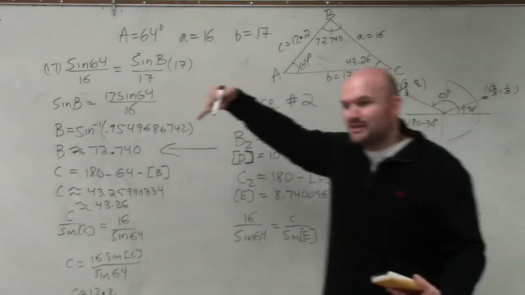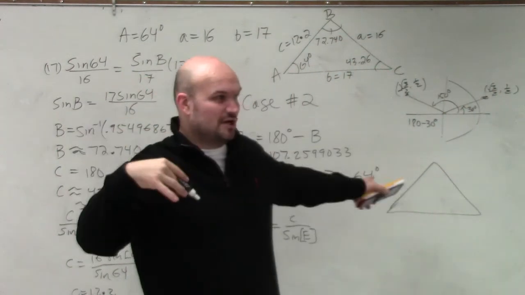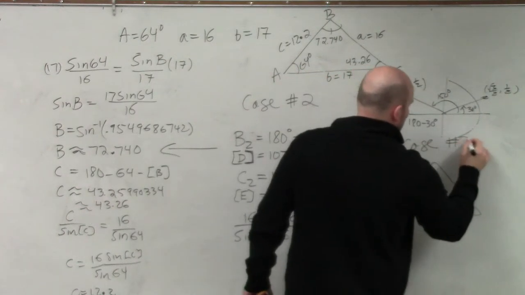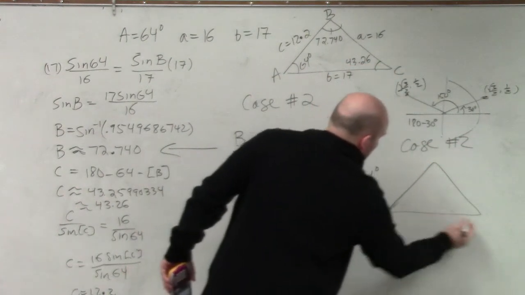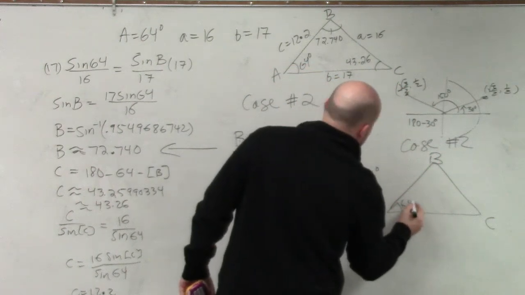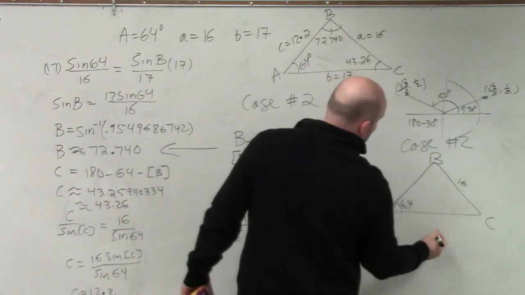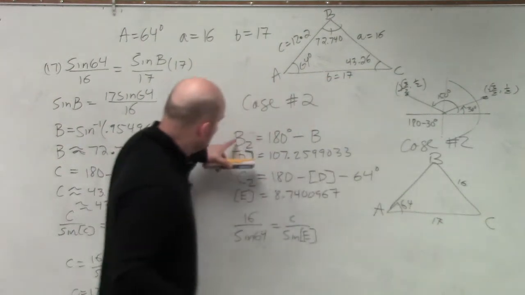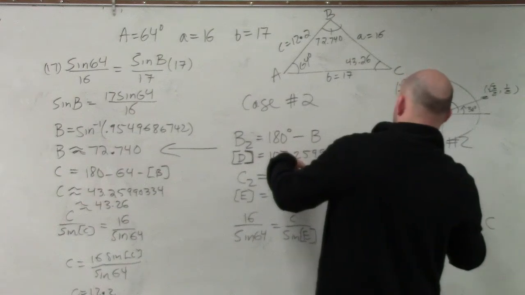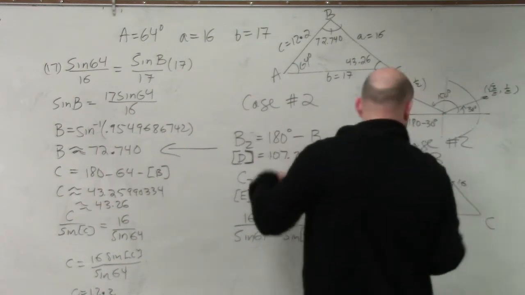What I would recommend doing is filling in the answers into another triangle. So let's call this case number 2. We know A, C, and B. So let's call this, that's 64, that was 16, this is 17. My new B is 107.256.